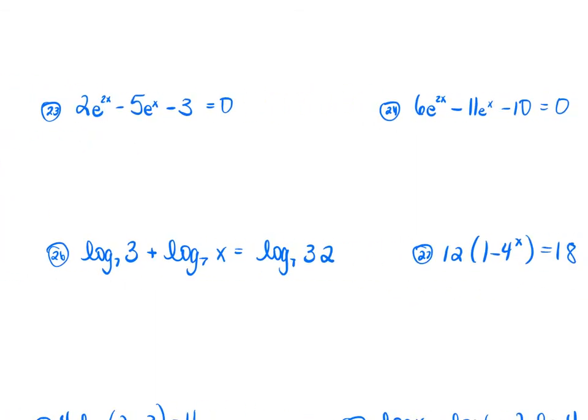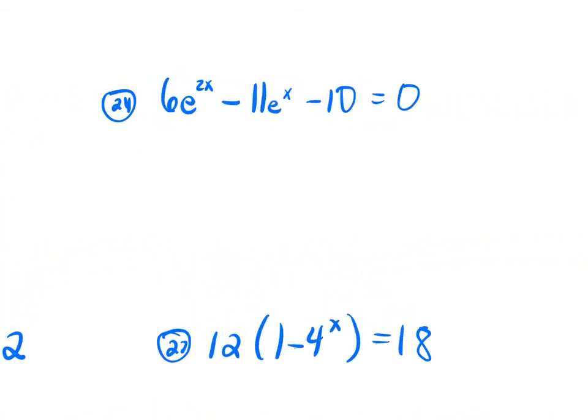All right, 24. Oh, we had one of these yesterday, and you'll have one again on the test tomorrow. You have to factor. So how would we factor this? We multiply the first and last, so we get negative 60.